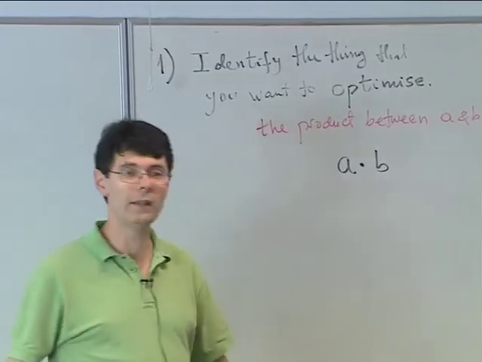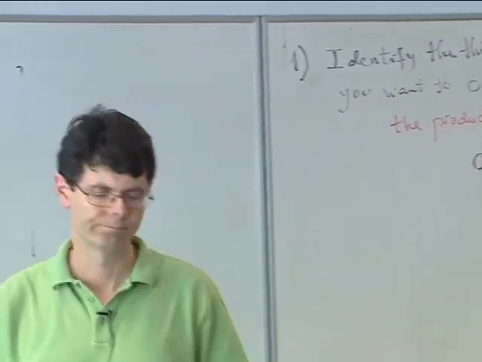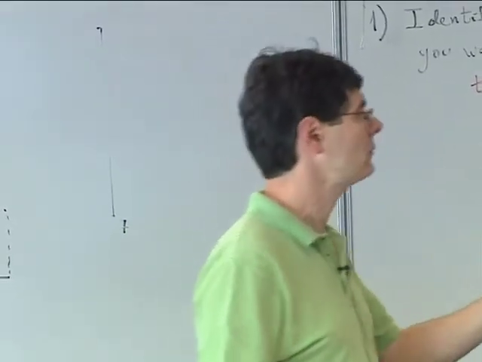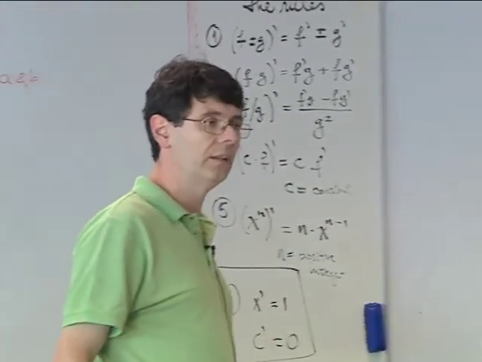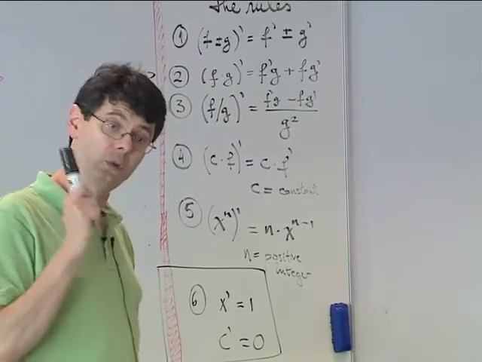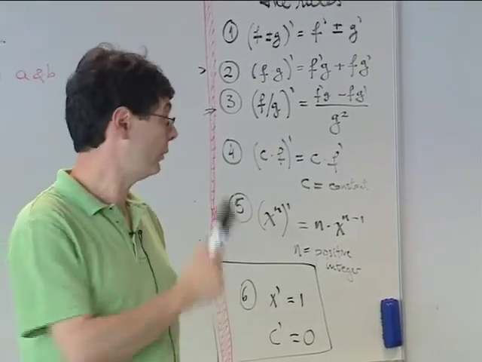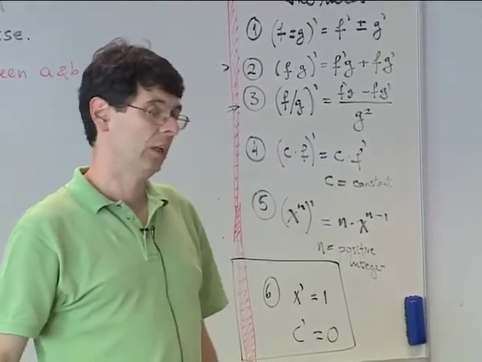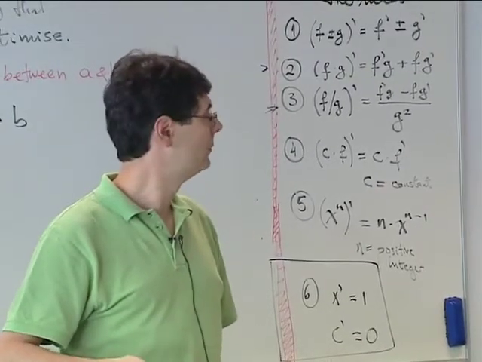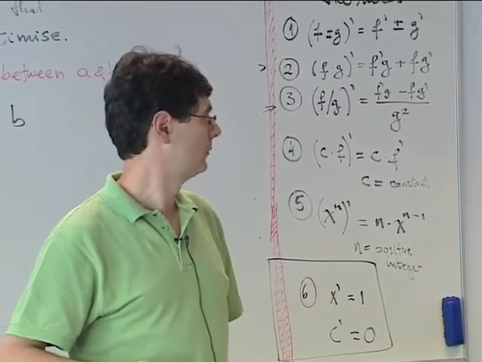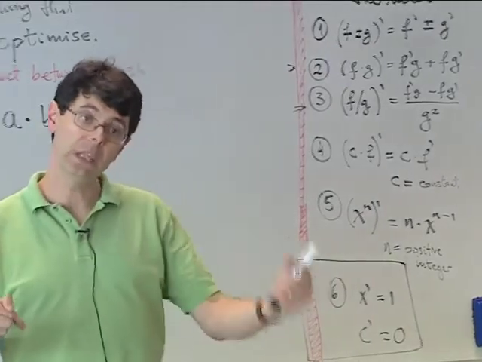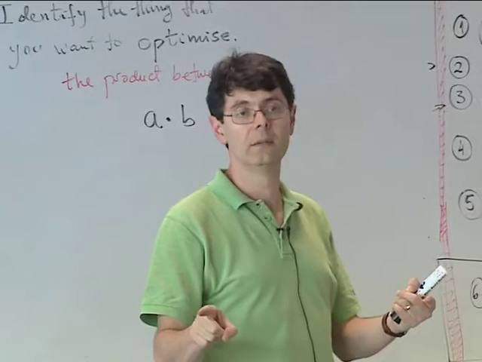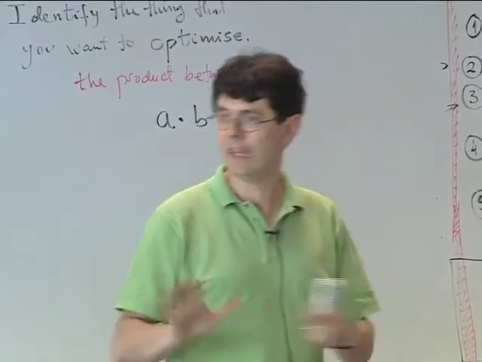Unfortunately, as you will readily verify, very unfortunately, there are two variables there, A and B. And we can only do calculus in this course with one variable. So you have to eliminate one of them. Either I'm going to write A in terms of B, or I'm going to write B in terms of A. Has to be done. Okay?